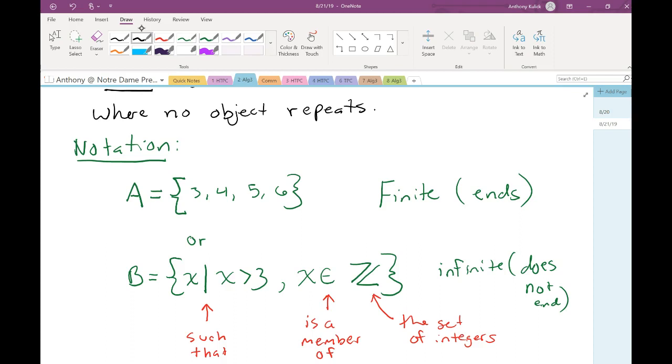So just to reinforce this idea of finite and infinite, if I wanted to write down the set of students in this class, do I need a finite set or infinite set? Finite. If I want to write down the set of weights between 100 pounds and 200 pounds, finite or infinite?